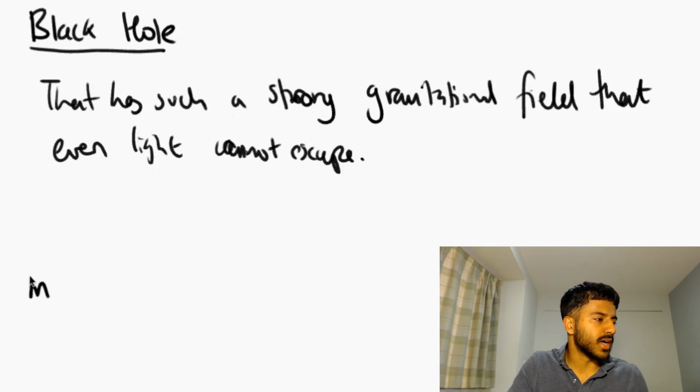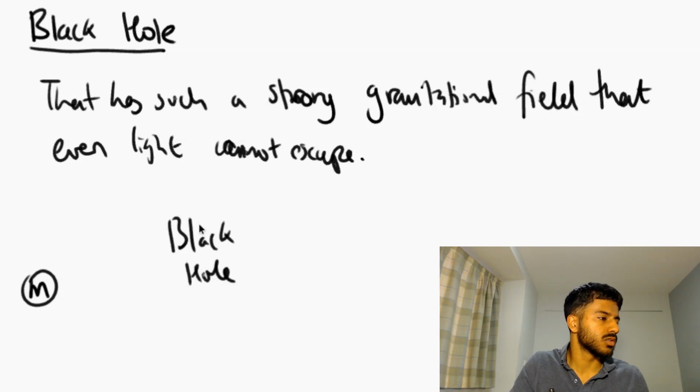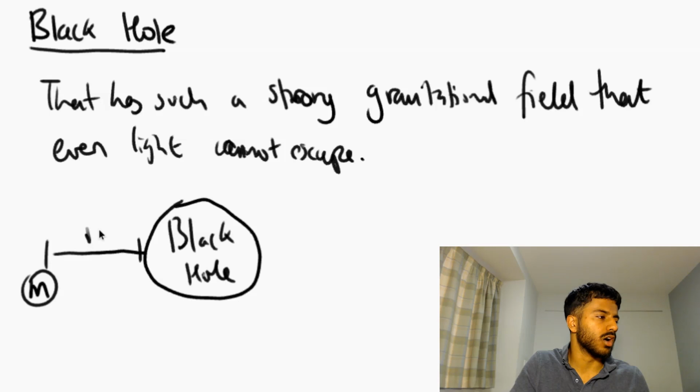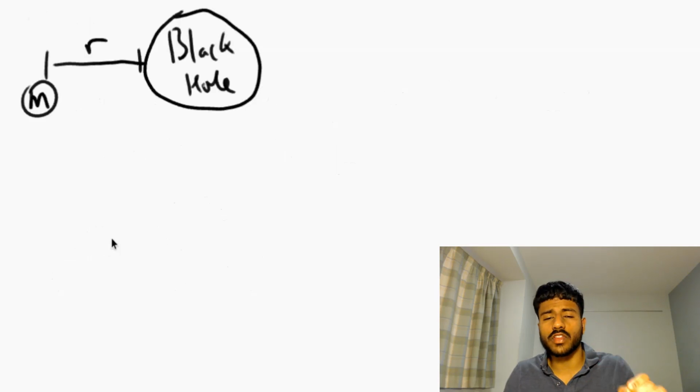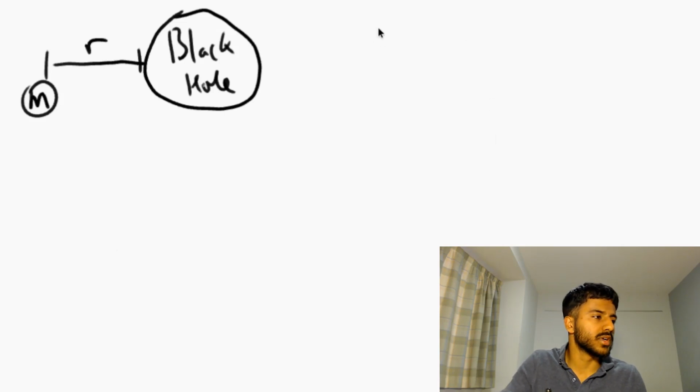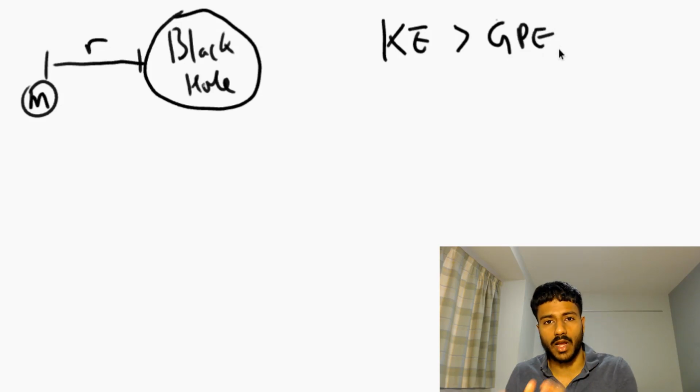So if we were to look at a mass orbiting a black hole, and this mass was a distance r from that black hole, in order for this mass to not get sucked in by this black hole, we would need that the kinetic energy of the mass is greater than the potential energy exerted by that black hole.